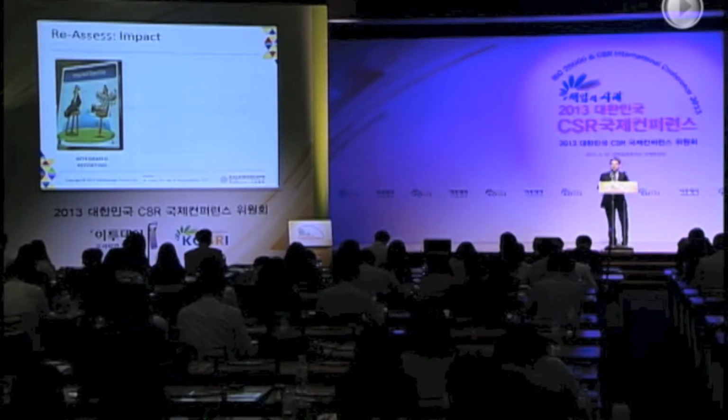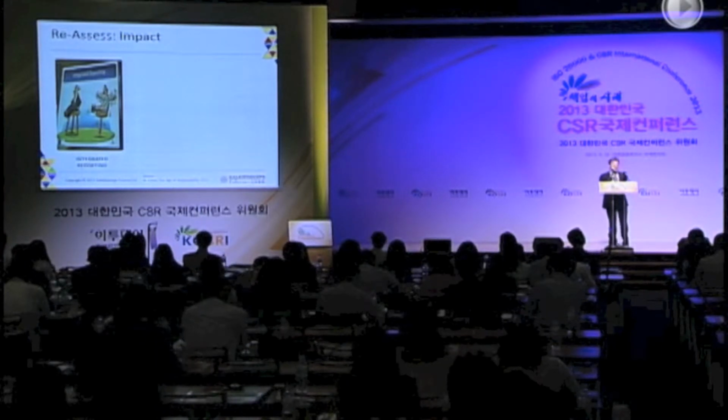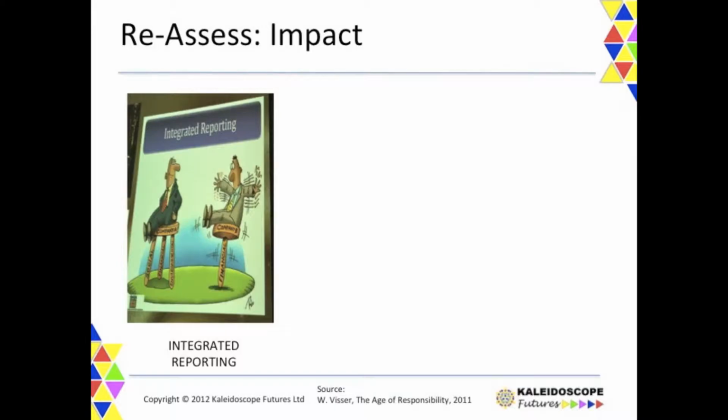What's happening in the area of reassessing your impact? One is a move to something we're calling integrated reporting. This goes beyond the Global Reporting Initiative, the GRI, with their sustainability reporting, and says we need to bring all of this information back into the financial report and to apply the principle of materiality, which I was very pleased to see that LG had done very effectively by going from 1,300 indicators down to 83.